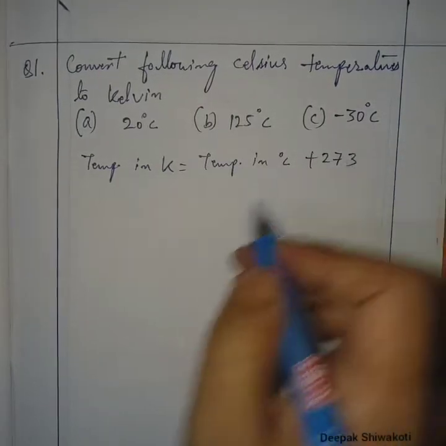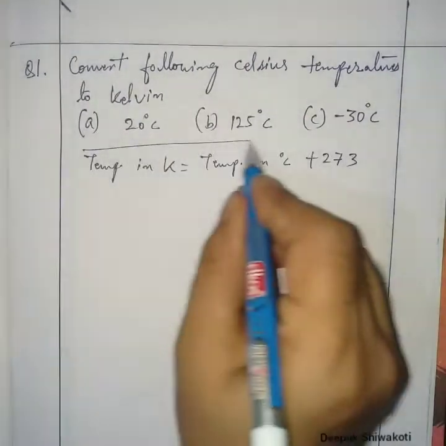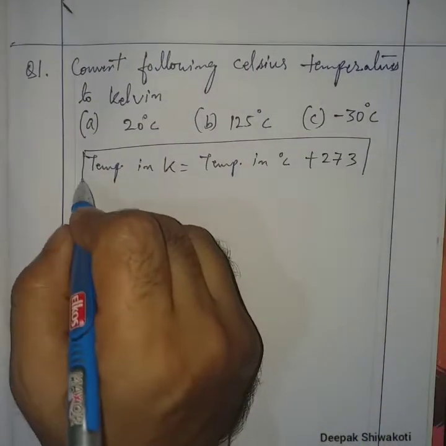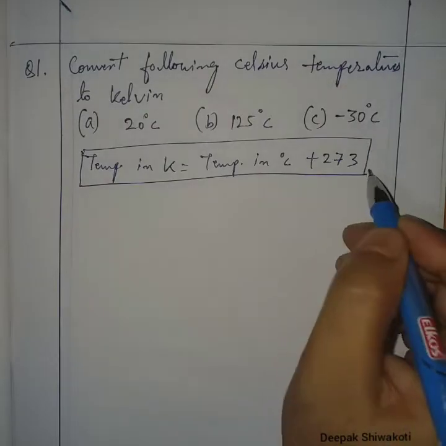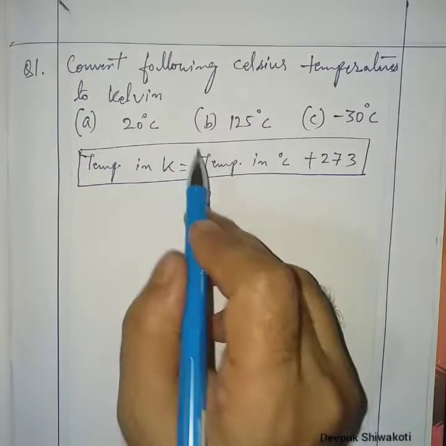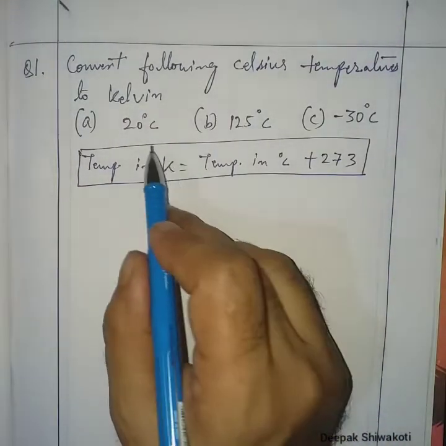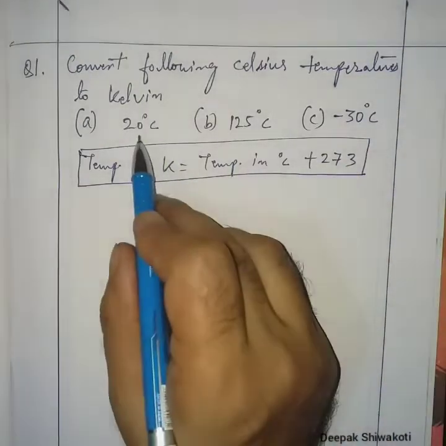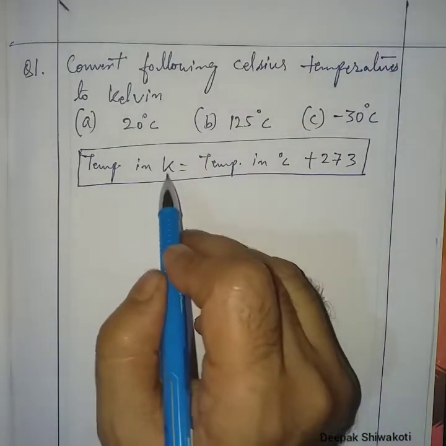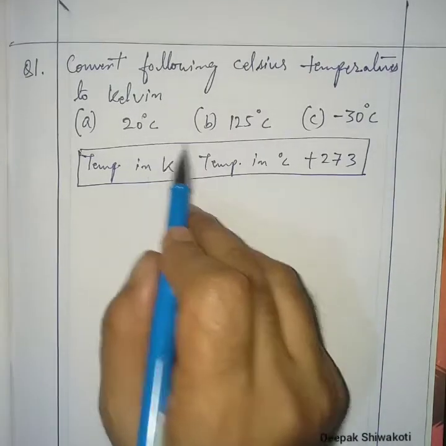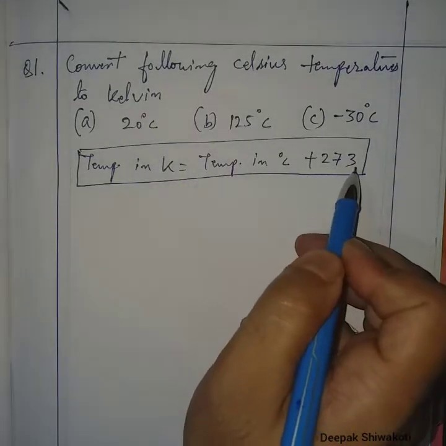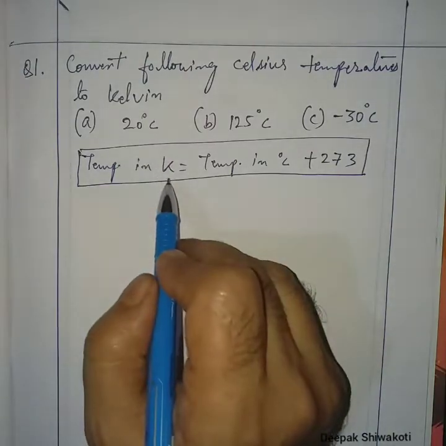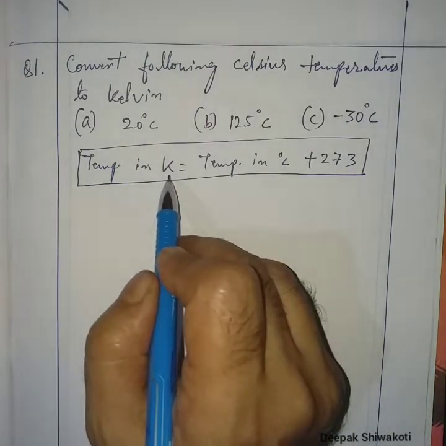Okay, so with this we can calculate degree centigrade into Kelvin. Here what you have to do, just add 273 to this, and you will get the temperature in Kelvin scale.